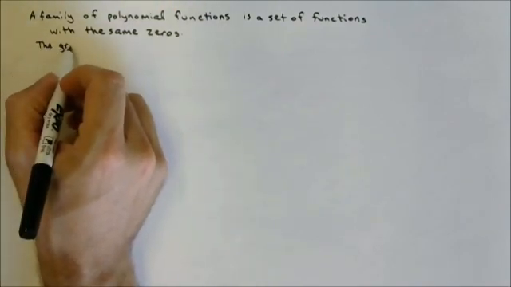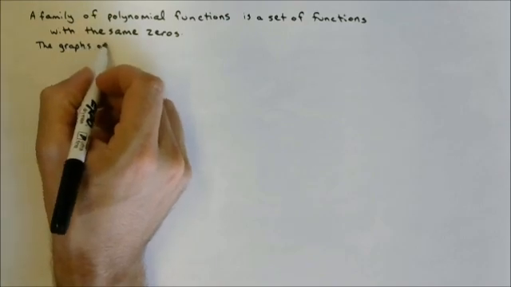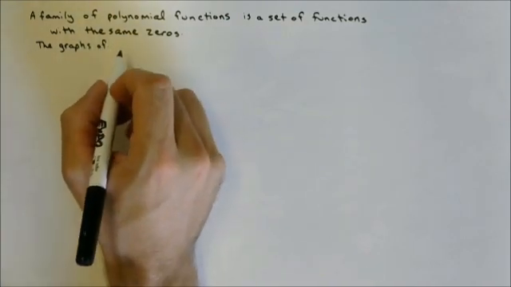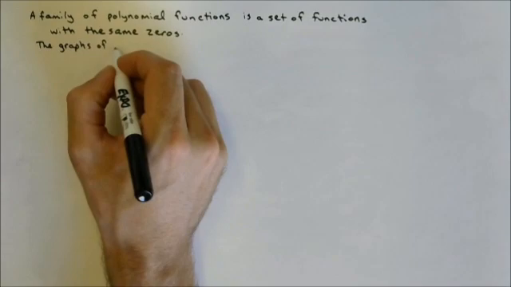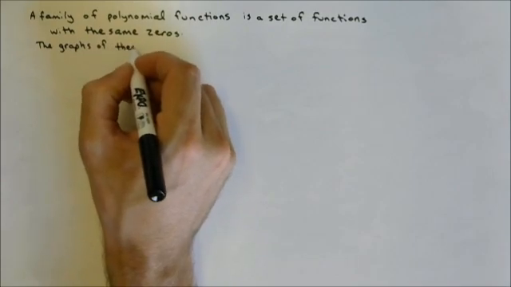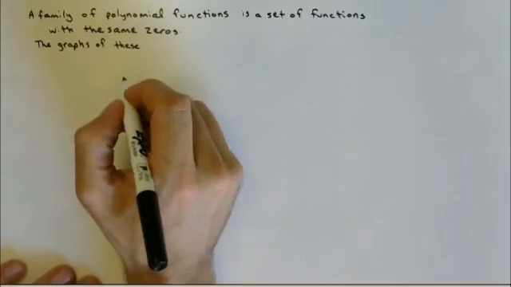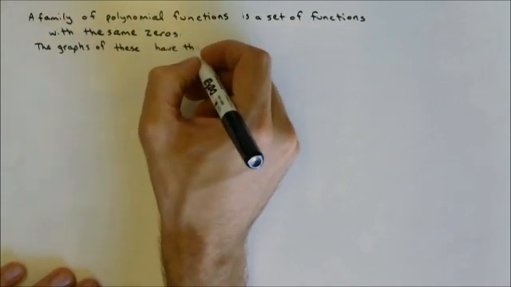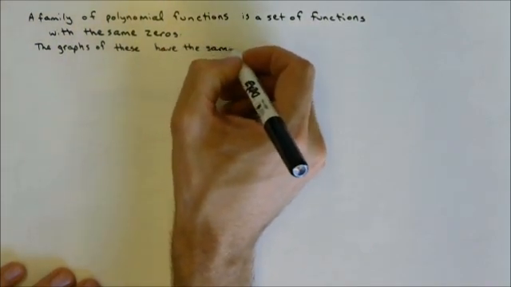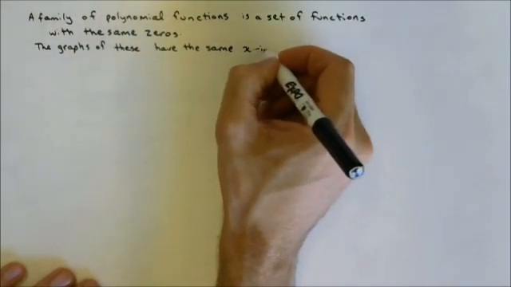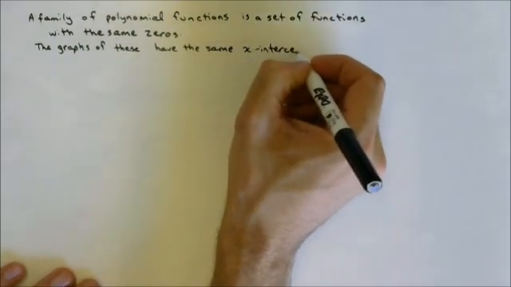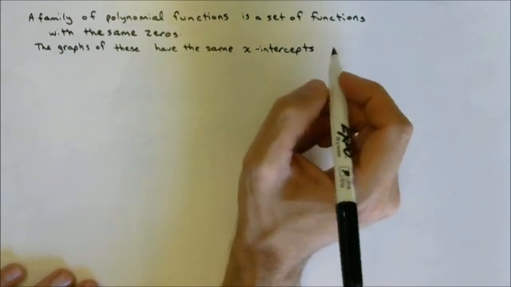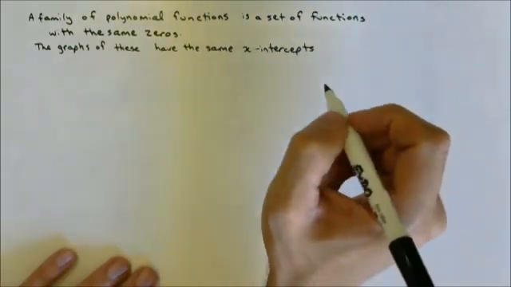New line. The graphs of these have the same x-intercepts. If zeros correspond with the x-intercepts of the graph, then they have the same zeros.